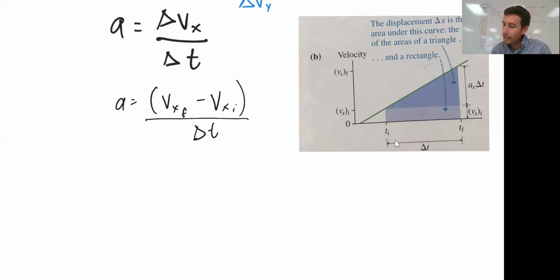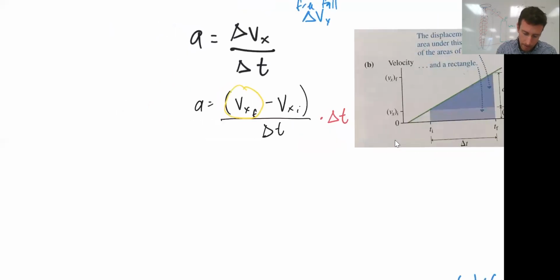I could then manipulate that equation if I just want to solve for the final velocity. So let's say I'm only interested in that value. To get that by itself, I'm going to start by multiplying both sides by the change in time.